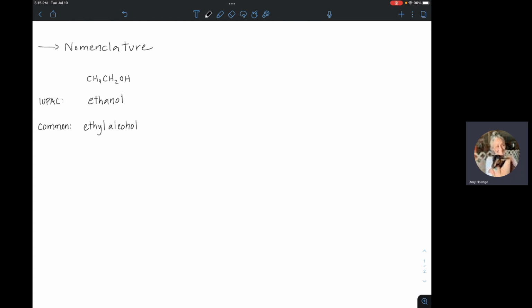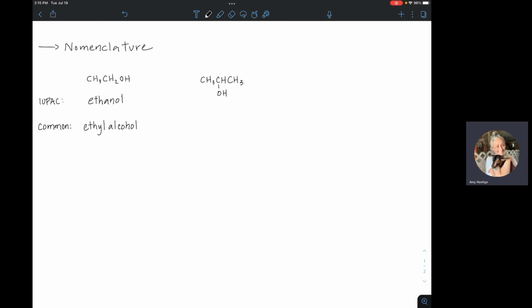So let's do one more. We could take like this right here. So notice how in that first example, we had a primary alcohol. In the second example, we have a secondary alcohol, right?